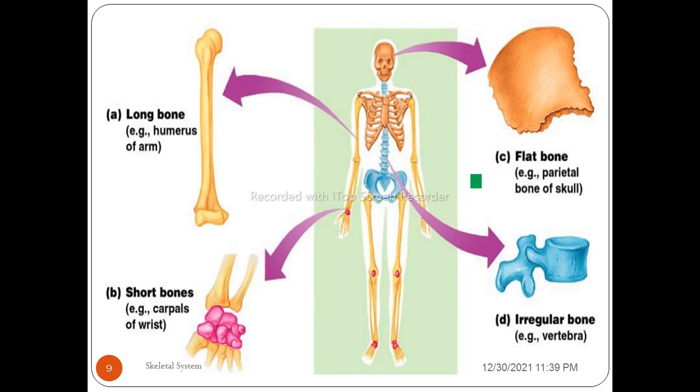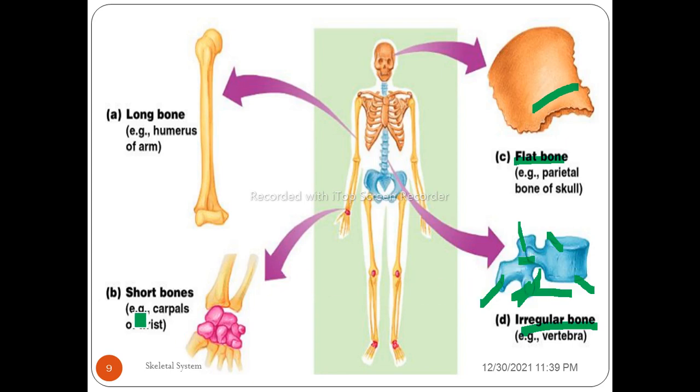When we take an example, for instance, this is the parietal bone. This parietal bone is considered a flat bone because it is curved and thin. The other is irregular bone. This is a thoracic vertebra. This vertebra is an irregular bone because it has a variety of surfaces for muscle attachment.